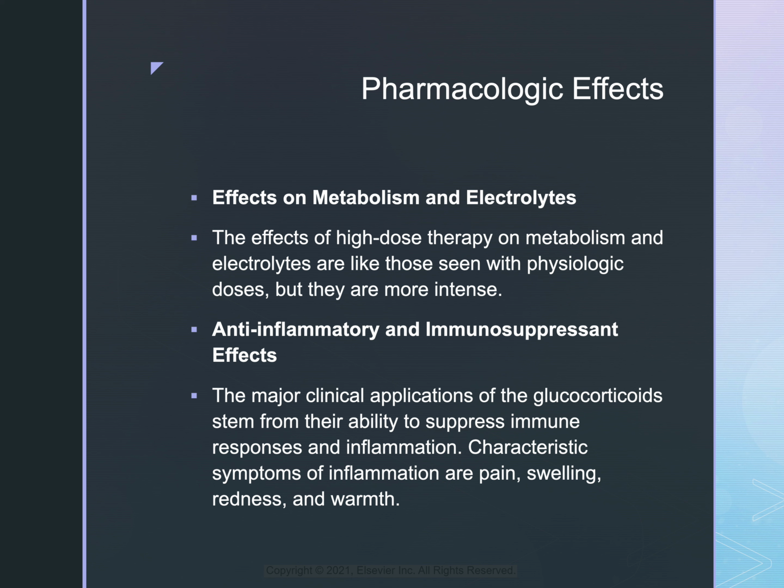However, it's acting on inflammation in a little bit of a different way. And because they act by multiple mechanisms, glucocorticoids have much greater anti-inflammatory effects than NSAIDs. They are going to work better in terms of overall medication or pharmacologic effect. You're going to get more out of a glucocorticoid than you would an NSAID. Same principles apply though. You want to use the least amount of pharmacologic treatment as necessary.